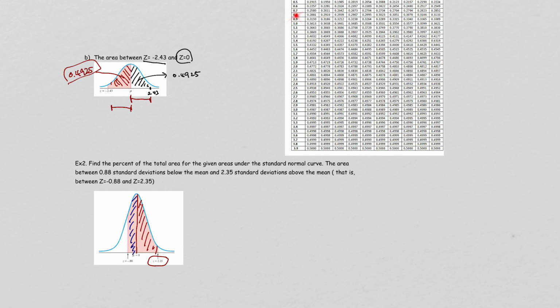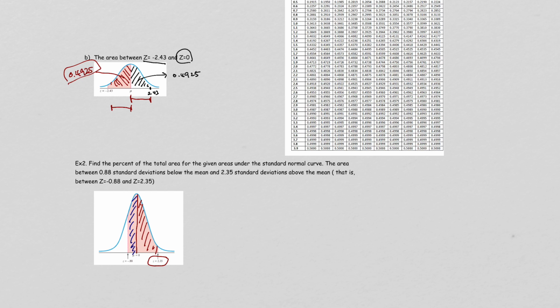So you have 8 and 0, 1, 2, 3, 4, 5, 6, 7, 8. So that's going to be 0.3106, right? So you're going to add those two numbers.